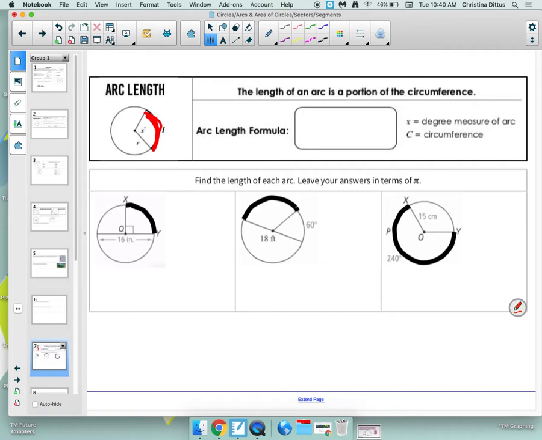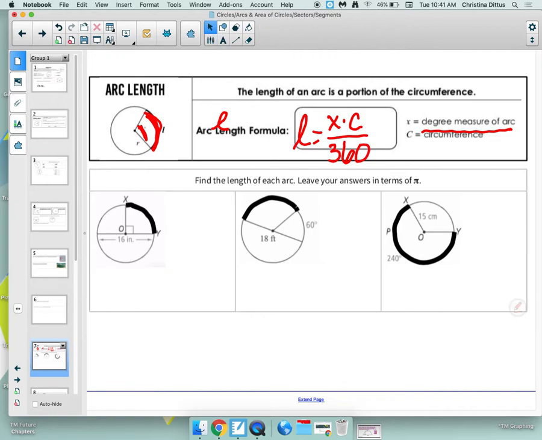We have this formula, arc length. We use this fancy script L to describe arc length. So for the arc length formula, you take x, which is the degree measure of the arc, times the circumference, which is C, and divide that by 360. Remember our circumference formulas.